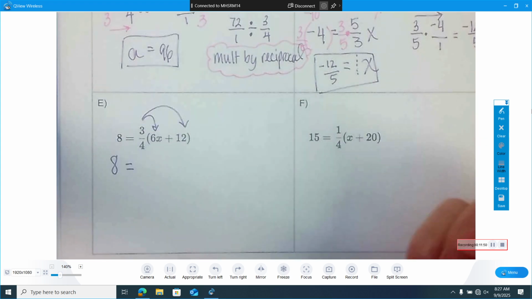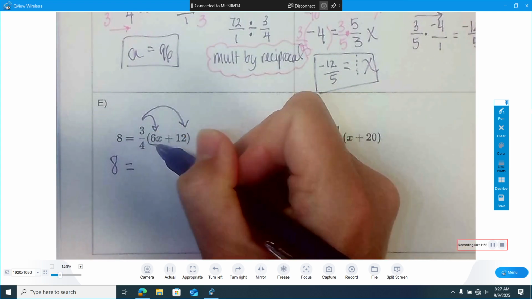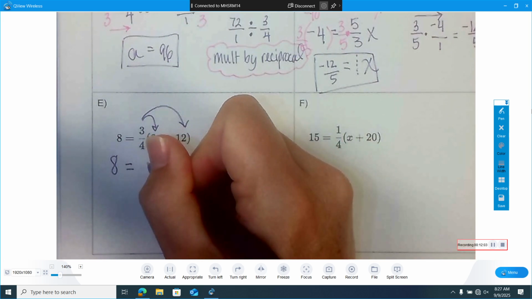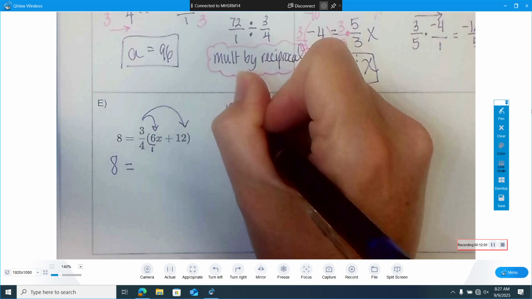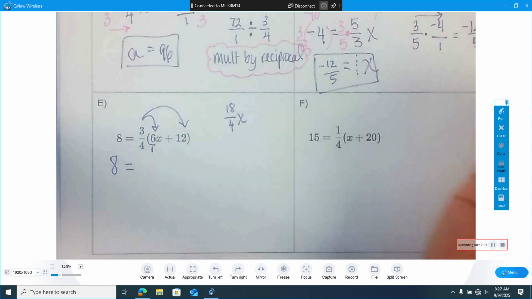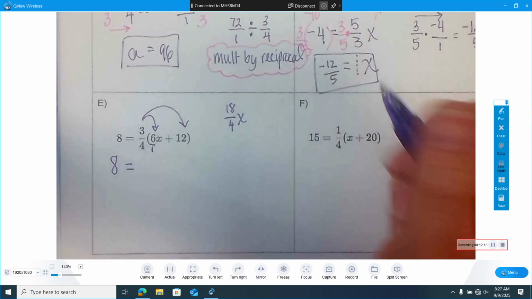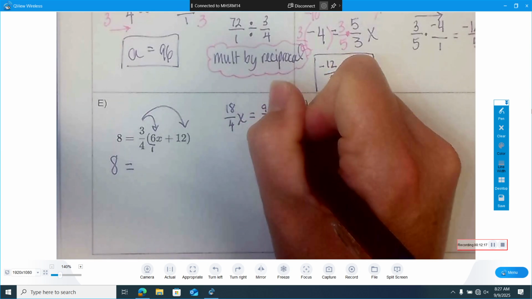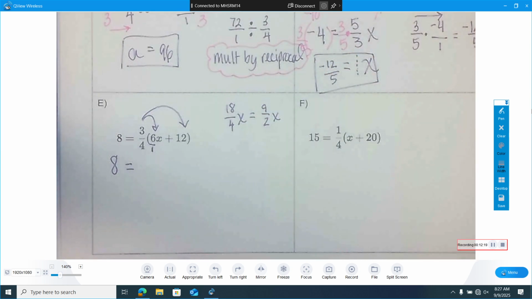So we have 8 is equal to, again, think about this as 6 over 1. So what is 3/4 times 6x? 18 over 4x. Can we leave it like that? Yeah, we could. We could leave it 18 over 4x, but maybe it's better to reduce it. So the smaller numbers is easier, right? So what should that reduce to? 9 over 2x, dividing top and bottom by 2.